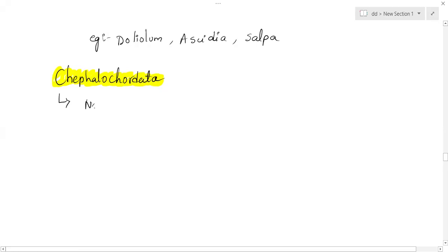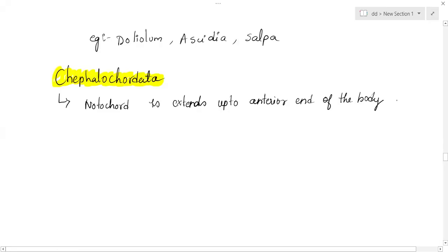So here the notochord extends up to the anterior end of the body. Hence it is called cephalochordate.